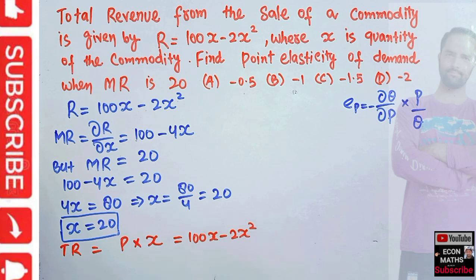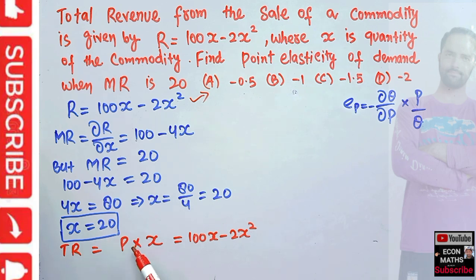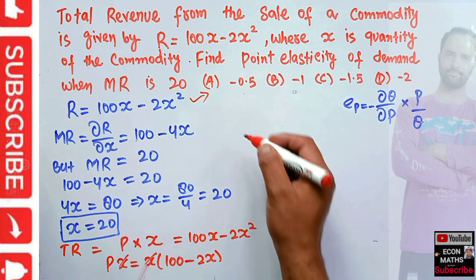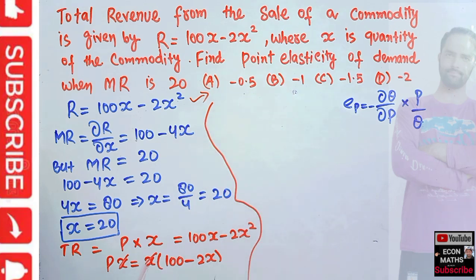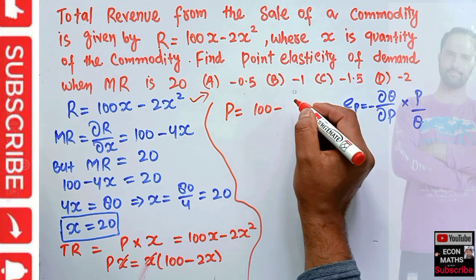If this is our total revenue function, and we also know total revenue is equal to price into output, then equating P into X with the revenue function, we can write P into X is equal to x common, 100 minus 2x. Now cancel x and x. So we got P is equal to 100 minus 2x.